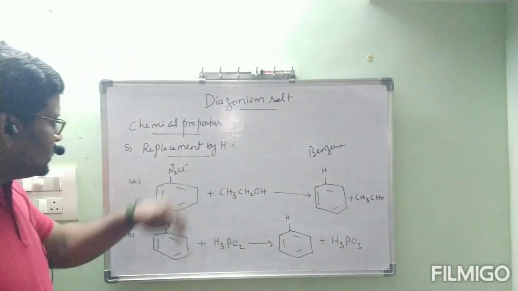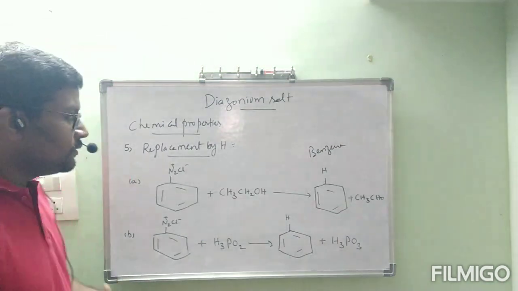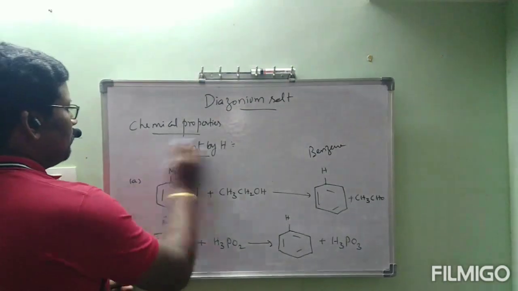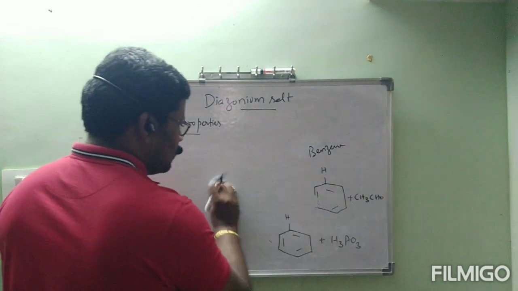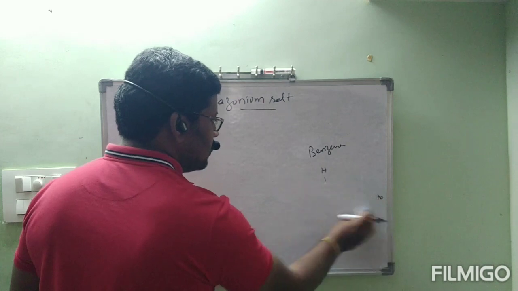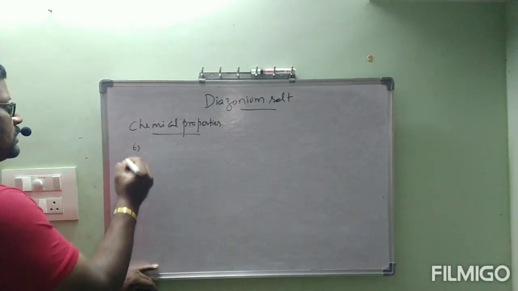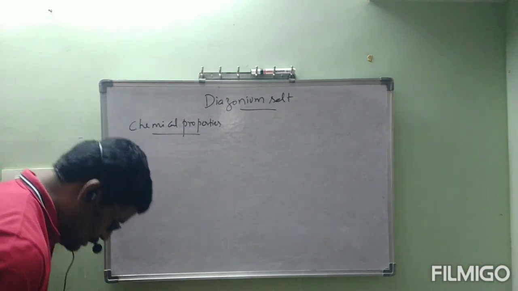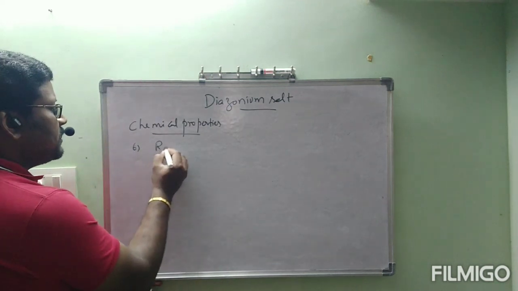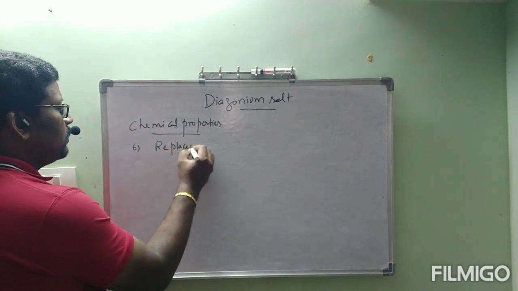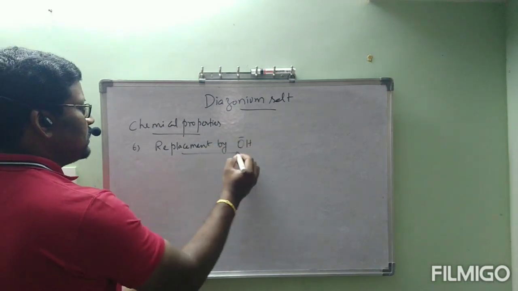Okay, next. This is the fifth property, replacement by H. Shall I go to the sixth one? Sixth one, replacement by OH minus.